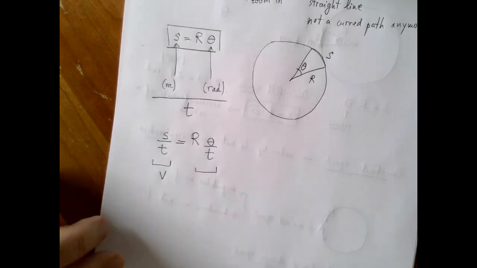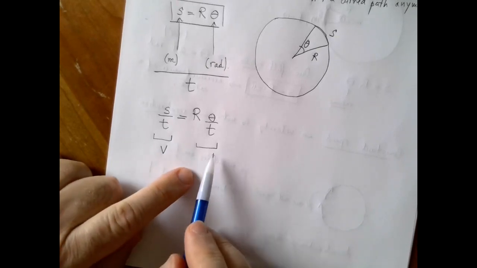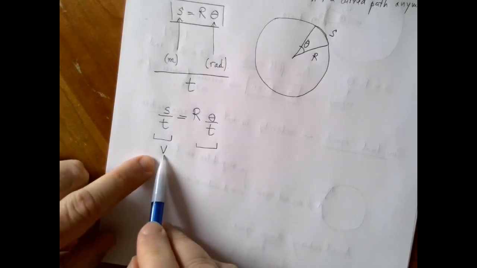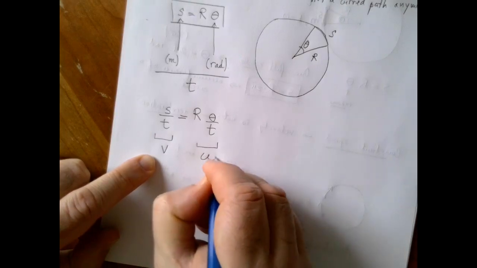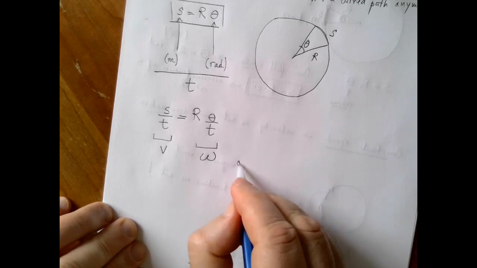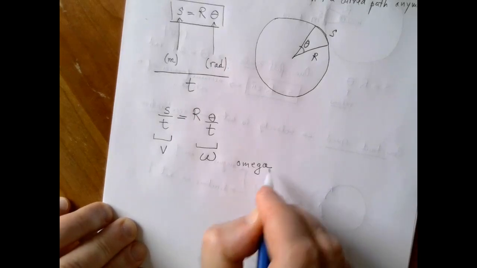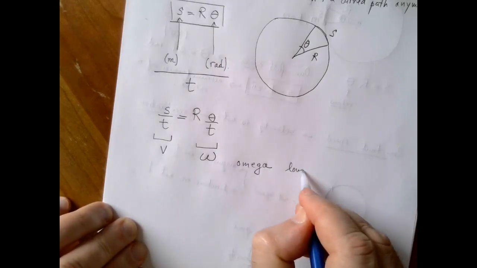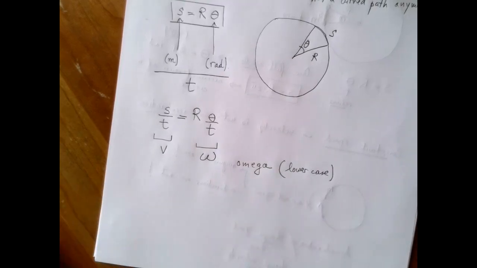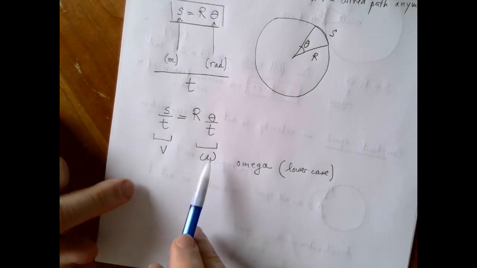This is a new speed that accounts for the change in the angle during the motion as opposed to the change in distance. So this new quantity, we labeled it as omega. This is the Greek letter omega, and it is the lower case. And this symbol is well established.